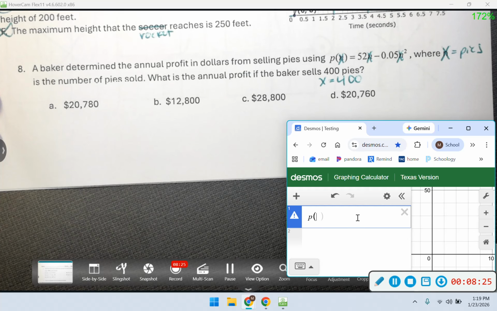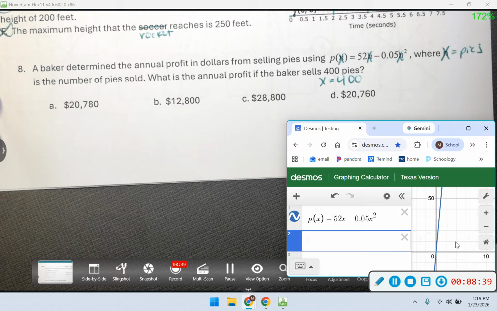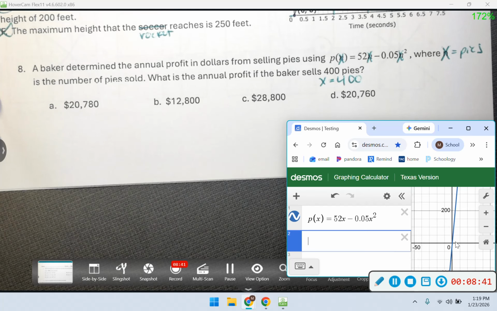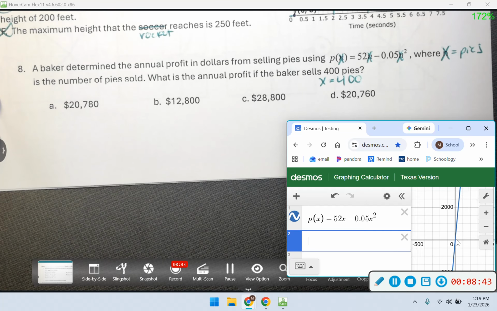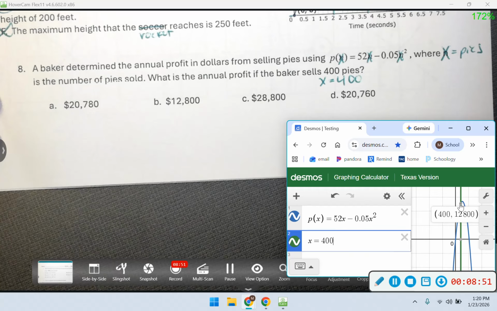P of x equals 52x minus 0.05x squared. Now if you look, I gotta zoom way out to see it all. There it is. And then I know x equals 400. So I want to know how much money they make when x is 400. I can see my dot, which is 12,800. So B.